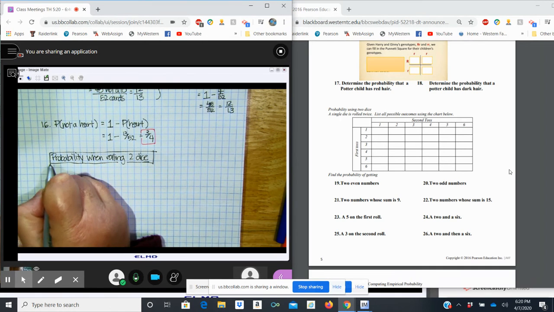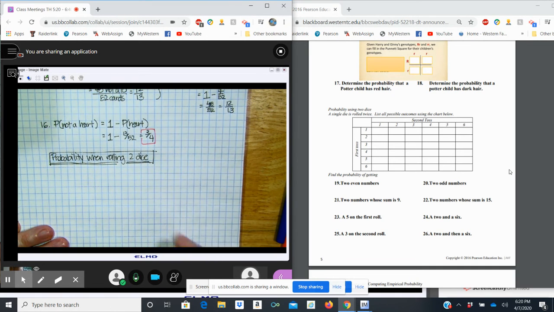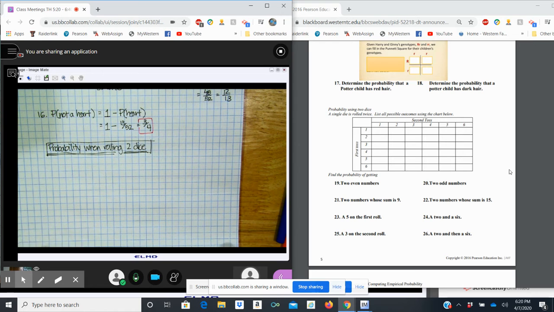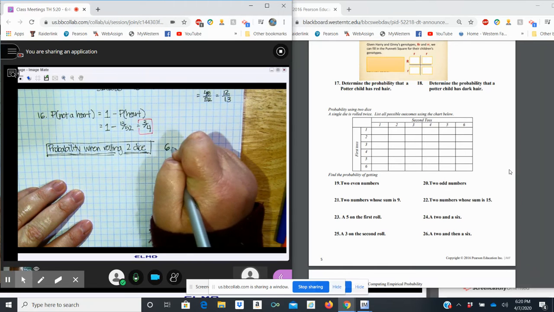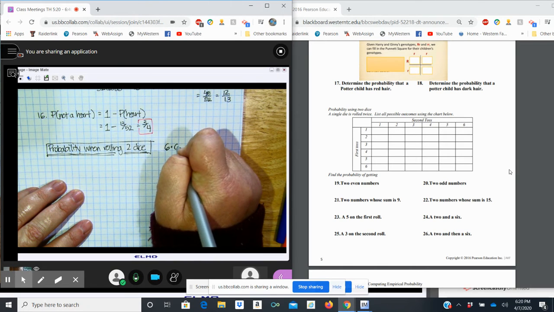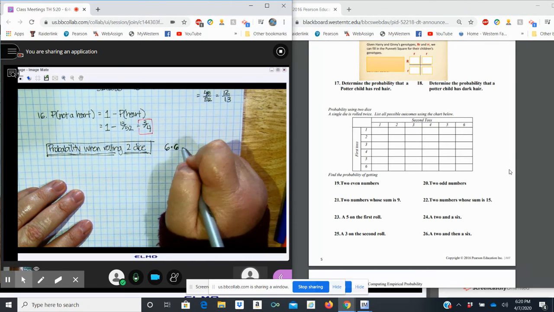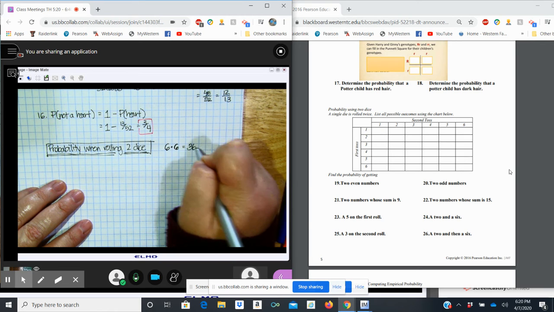All right, so the probability when you're rolling a pair of dice, you have 6 outcomes on the first die, and you have 6 outcomes on the second die. This gives you 36 different outcomes.